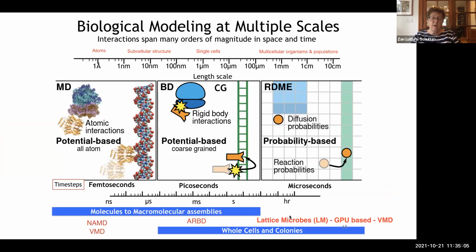And I think it's only fitting now to remind you what you have seen in this workshop so far: biological modeling at multiple scales. We can go from atoms all the way up to single cells and start looking at multicellular organisms or populations of cells. Each one of the methods that you've learned about, like VMD and NAMD, is fantastic at these different scales.